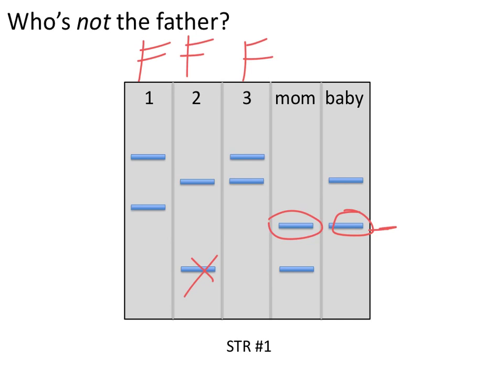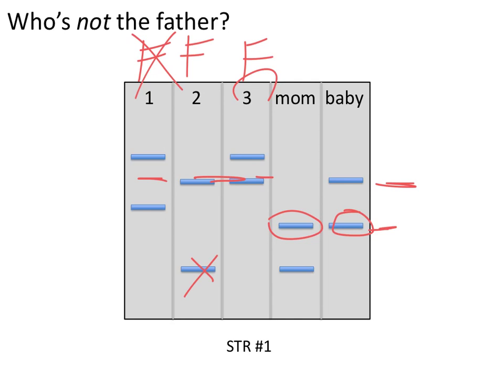So, one is not the father, because this is the baby's band from the father, and it could be number 3, but it couldn't be number 2, right? But this band does not exist for number 1. So that's definitely, this guy didn't do it. As I told you about, the milkman. Milkman is number 3, actually, and the kid looks like him. Okay? So, you can actually find out paternity-wise.